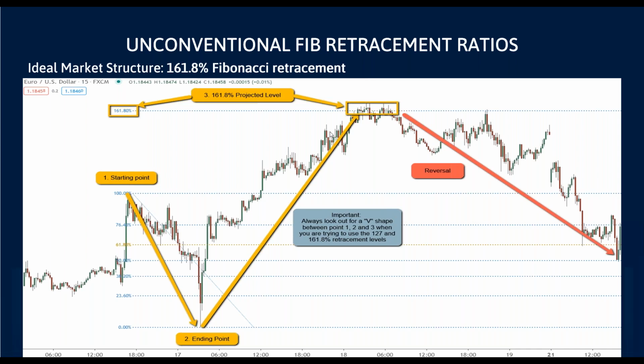So Daniel, you're right. 161.8 is a Fibonacci number. 127 is not. But why 127? If you think of it logically, the negative 27.20, you flip it the other way around, it is the 127.20 level. It's exactly the same. It's just the mirror image. The 27.20 is taken from Gann, from harmonics, and it's applied to Fibonacci level.